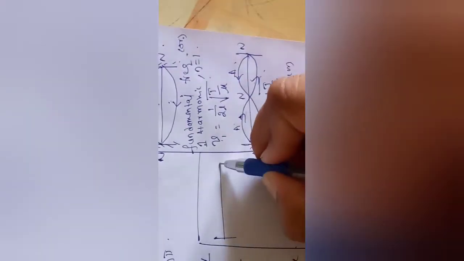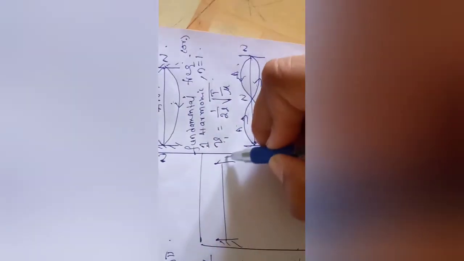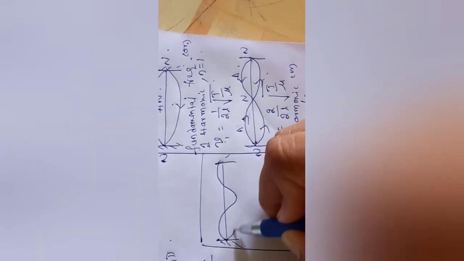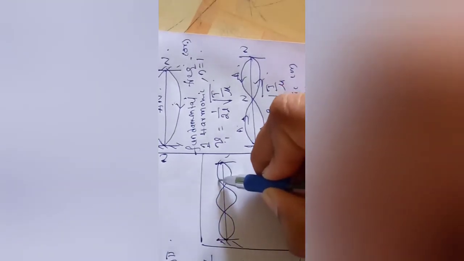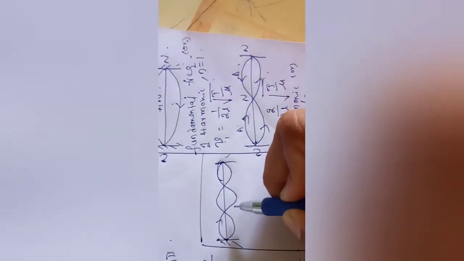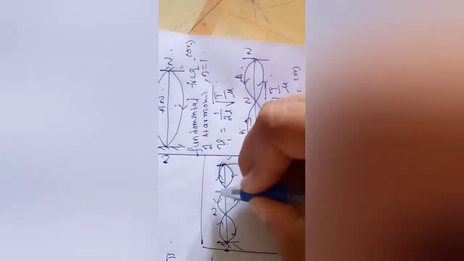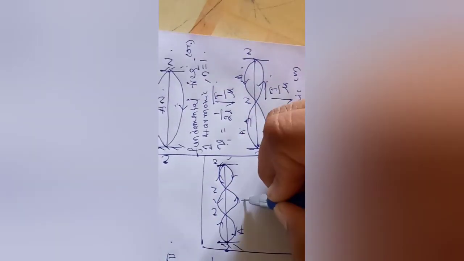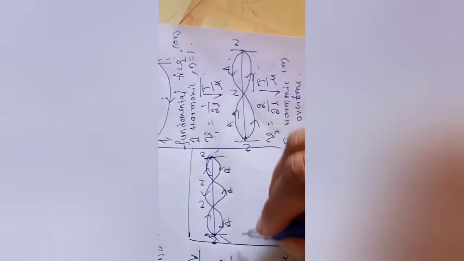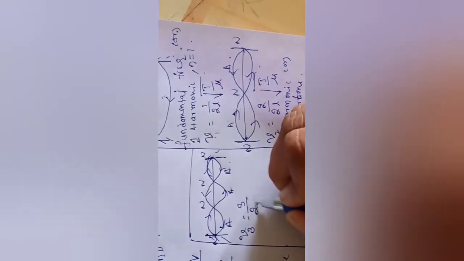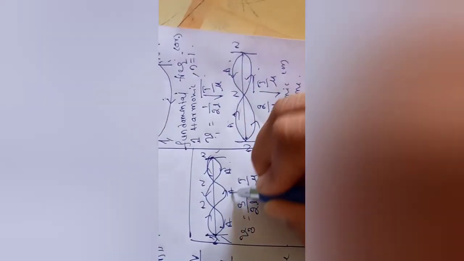In a similar way, if we have 3 loops, node positions, antinode positions, we get nu 3 equal to 3 by 2L under root T by mu.